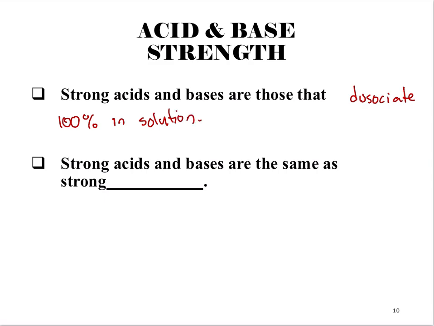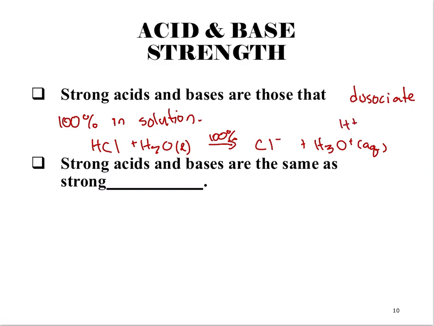So when we put, for example, hydrochloric acid, which is a strong acid, in water, 100% of it will turn into Cl minus and H3O plus. Or you could just put H plus. You'll see that written interchangeably.